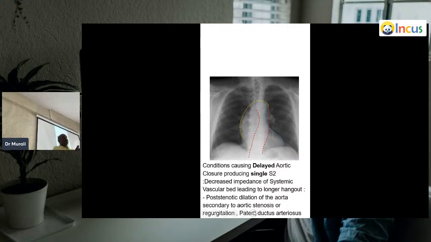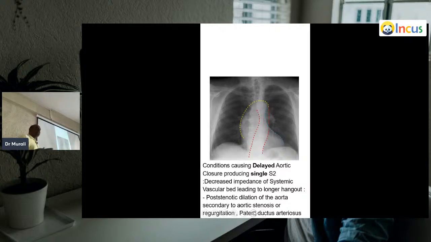With aortic stenosis, through that stenotic valve the left ventricle will take a longer time to push the blood. That means the hangover time is longer. In aortic regurgitation, the left ventricle pumped the blood into the aorta, and that blood came back, and once more it needs to pump the blood. It is like studying medicine, forgetting medicine.